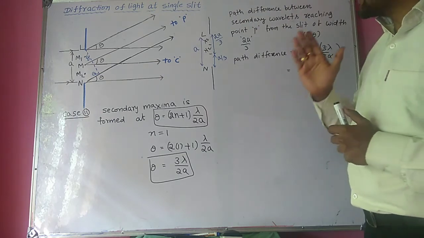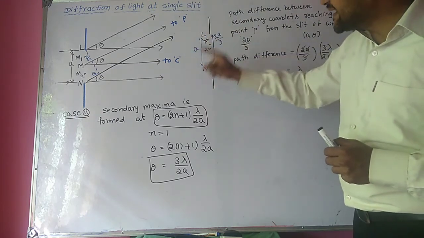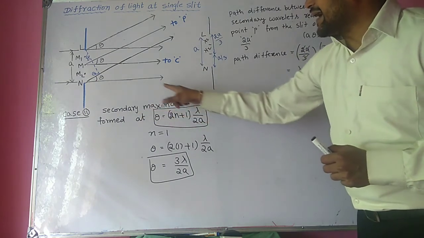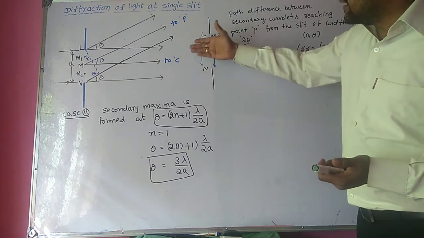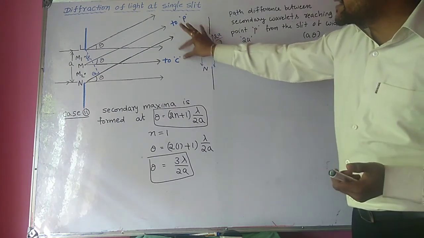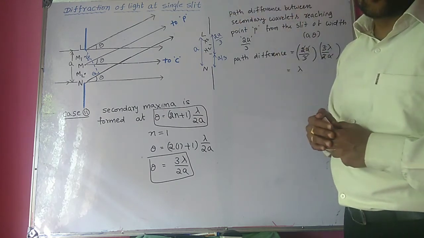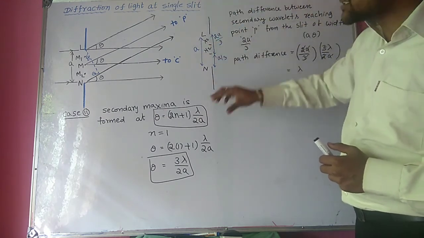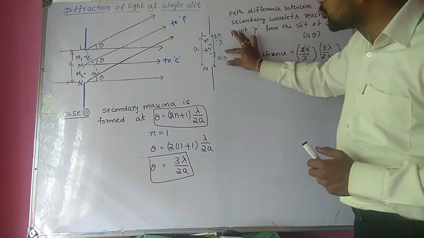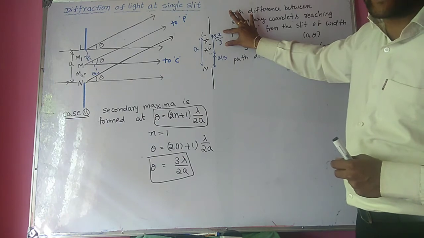That means we can observe from this one, compared to the central maxima, the intensity at the secondary maxima is less, because at the central maxima the brightness is due to the total slit. At the secondary maxima, when you divide the slit into 3 equal parts, the intensity at point P is due to only A by 3, because due to the 2A by 3 slit, the intensity gets cancelled.